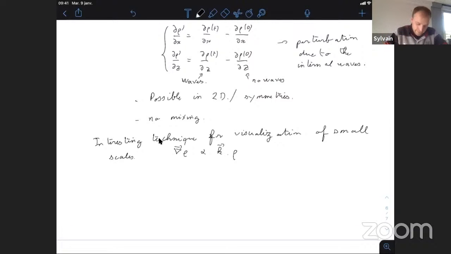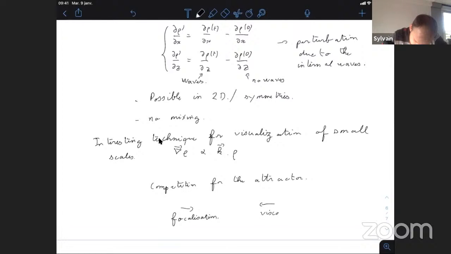So you have a competition for the attractor between focalization, that's the energy, and viscosity, and viscosity it's the dissipation.